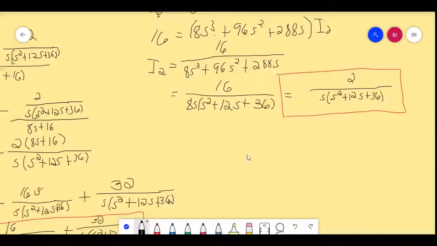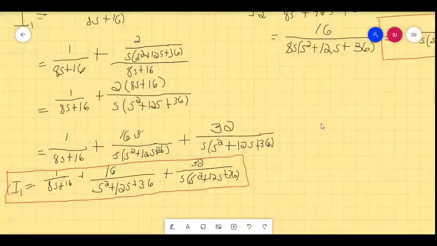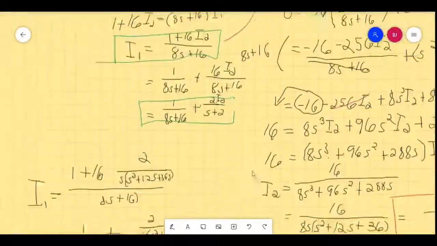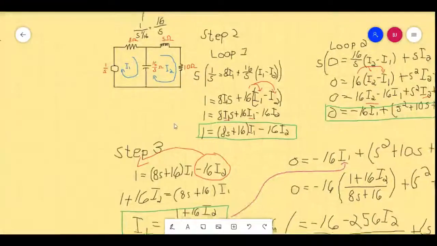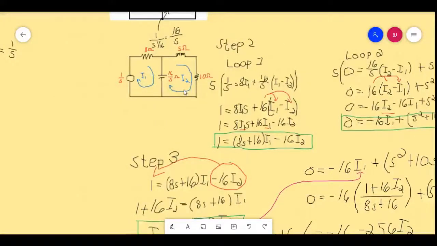Okay. And this would be our mathematical models for I1 and I2. Now, what if we're going to use the I1 and I2 here, and we were asked to find the voltages for the component. Let's say we're asked to determine the model for the voltage running here at our inductor, which is S. So it's just as easy as multiplying S by the current running through it, which is I2.